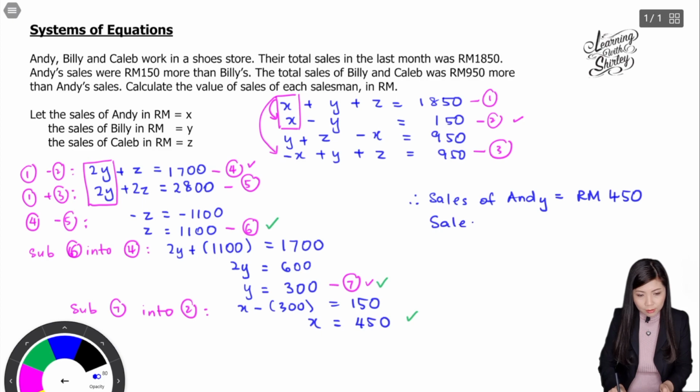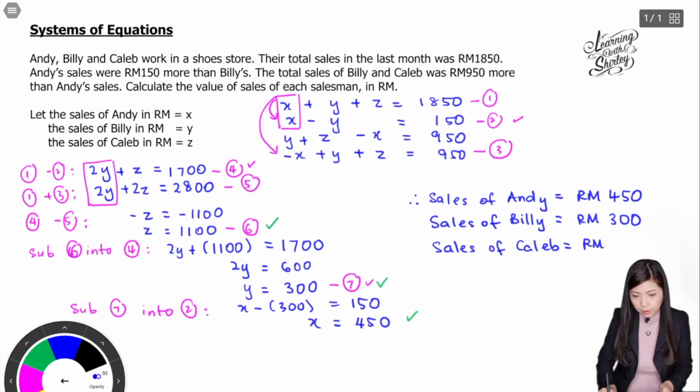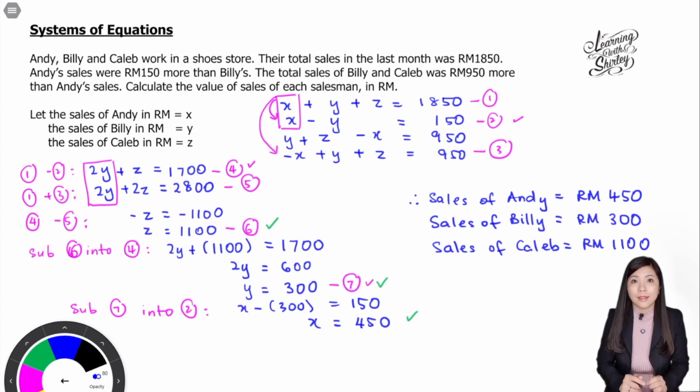And the sales of Billy, Billy is y. So y is 300, therefore it's 300 ringgit. And the sales of Caleb is z. Z is 1100, so 1100 ringgit. So that's the answer.